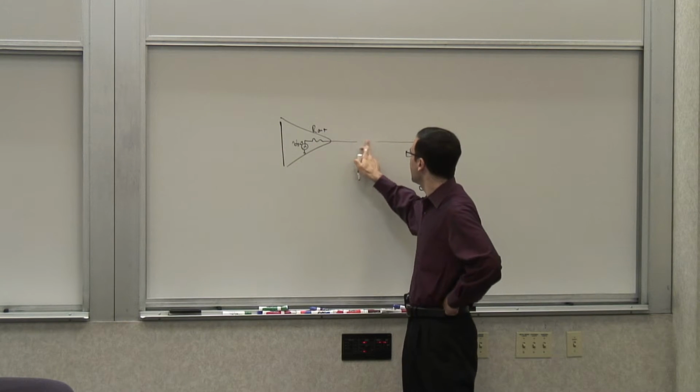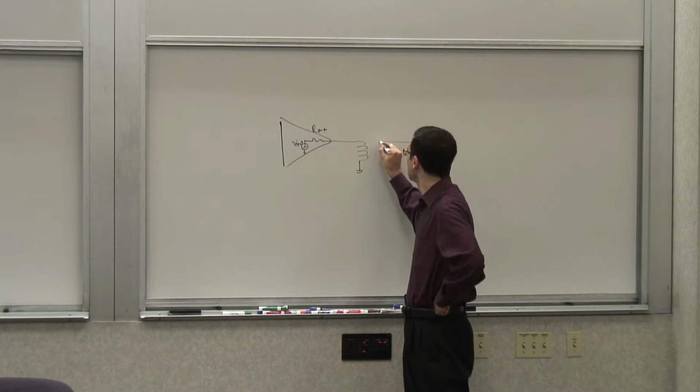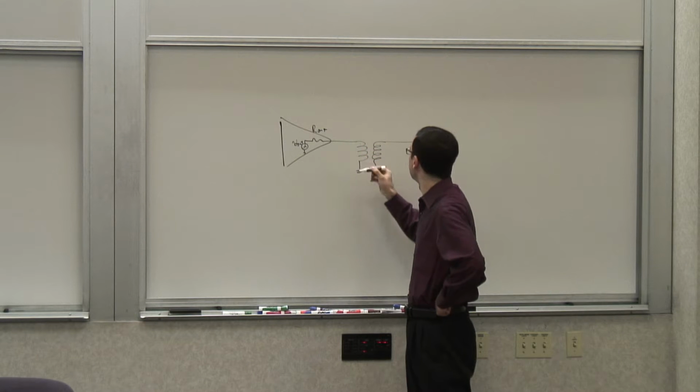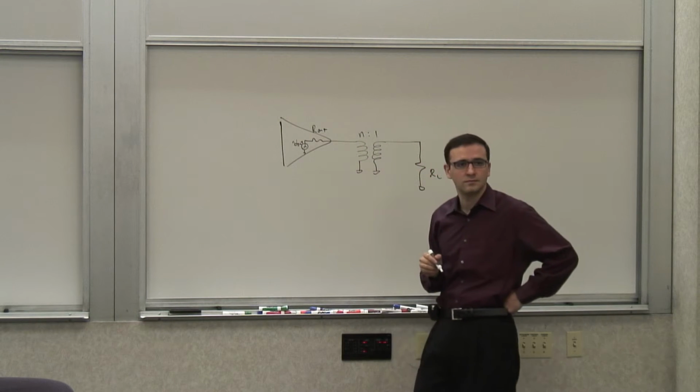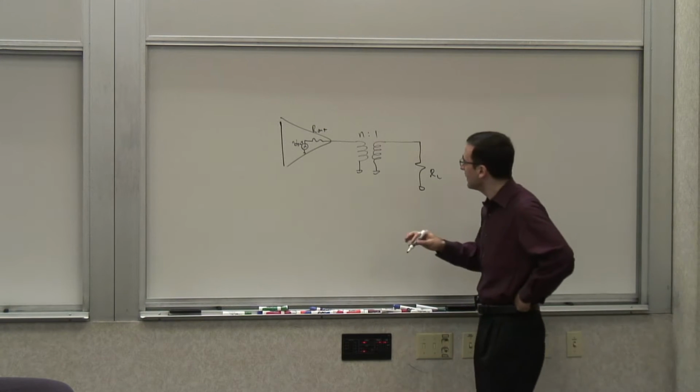Now the question is, why can't we have a transformer like that, and let's say make this an n-to-1 ratio? What that does is lower the voltage.